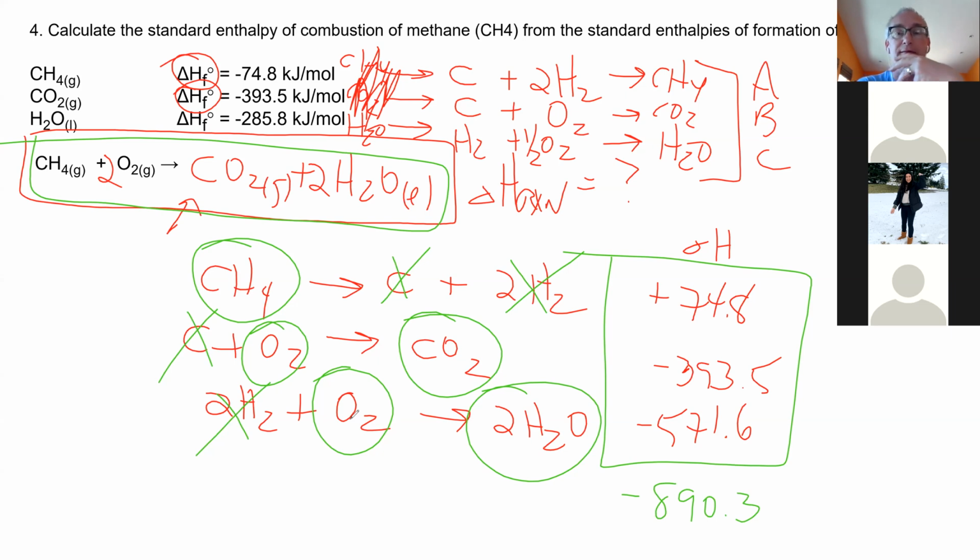Since we have standard enthalpies of formation of everything we need, we can take a shortcut and do it another way. So anyone remember how we do that?